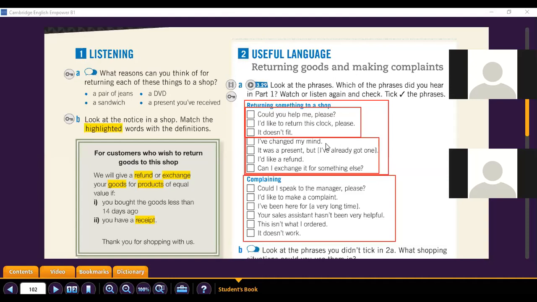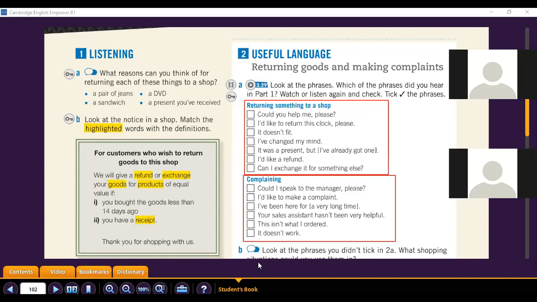I've changed my mind. It was a present, but I've already got one. I'd like a refund. Can I change it for something else? Very good. Can I exchange it for something else?